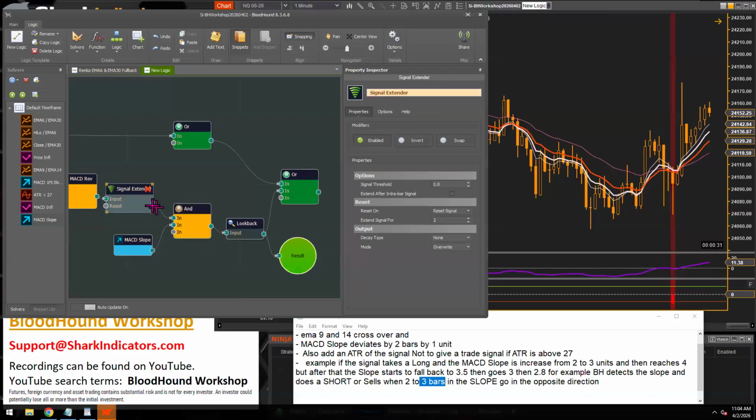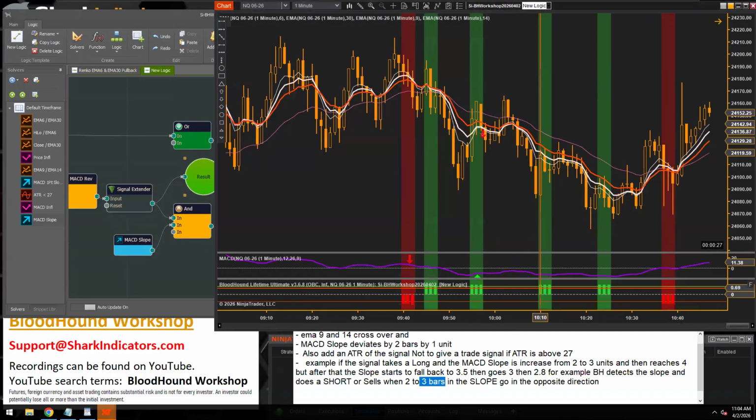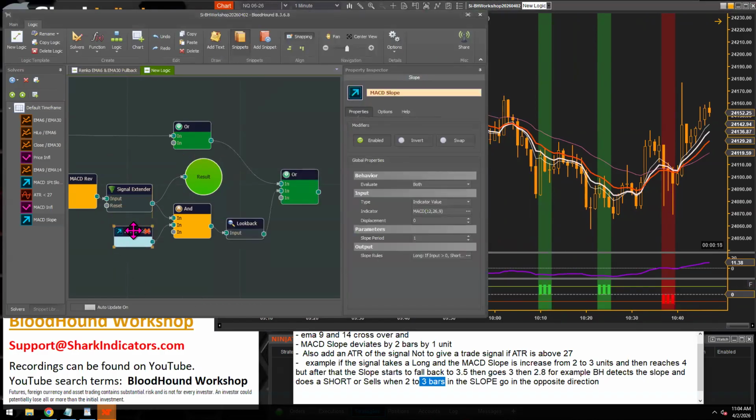If we look at the signal extender, there's our 3-bar extension. But remember, the MACD also has to be sloping in the same direction there.